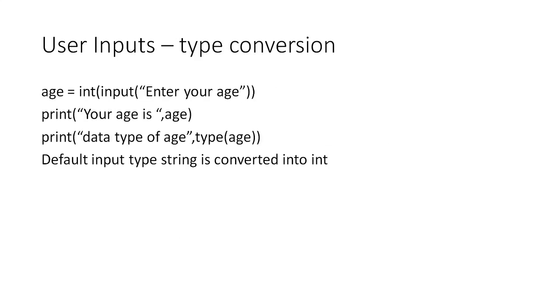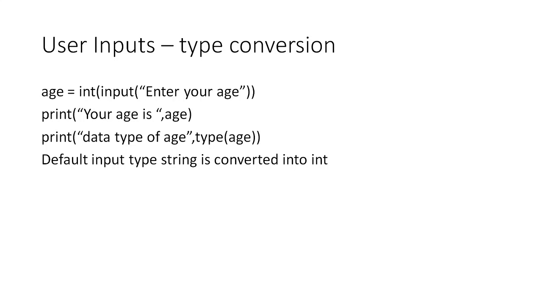Sometimes you want to convert one data type to another data type, which is a compatible data type. For example, I will ask the user to enter the age, and whenever the user enters the age, I want to do some mathematics on it, so I have to convert it into a number. So I can put int in front of the input, then it is converted into an integer age. But the user has to enter a number. Like, if the age is 25, he has to enter 25, not twenty-five in words, because you cannot convert that into a number normally.